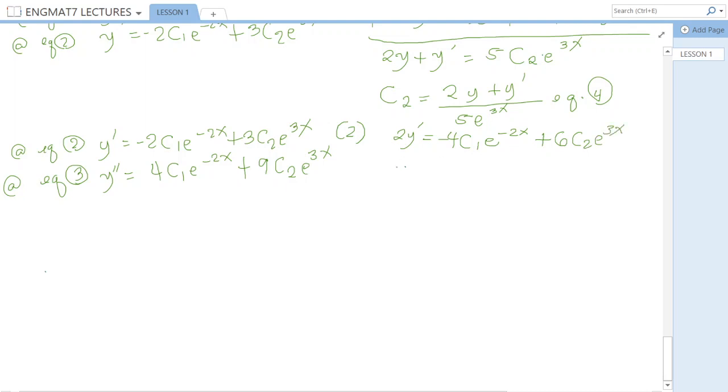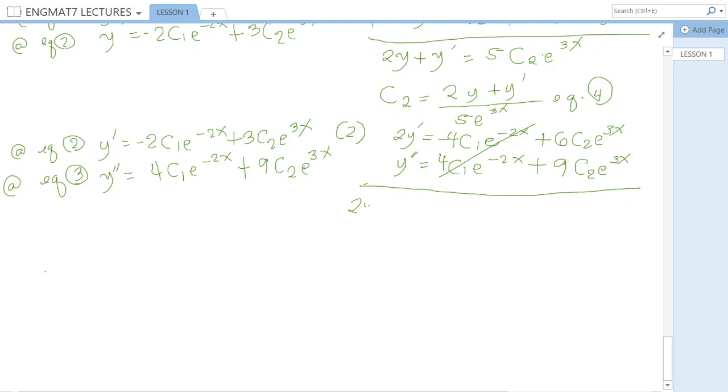Okay, so copying equation 3, that is y double prime is equal to 4c1 e raised to negative 2x plus 9c2 e raised to 3x. Adding that, this one will be cancelled already.